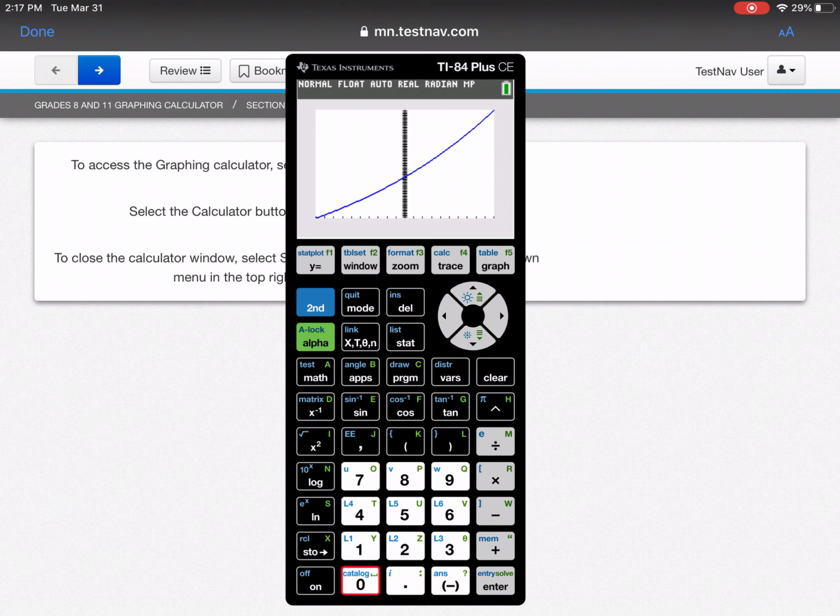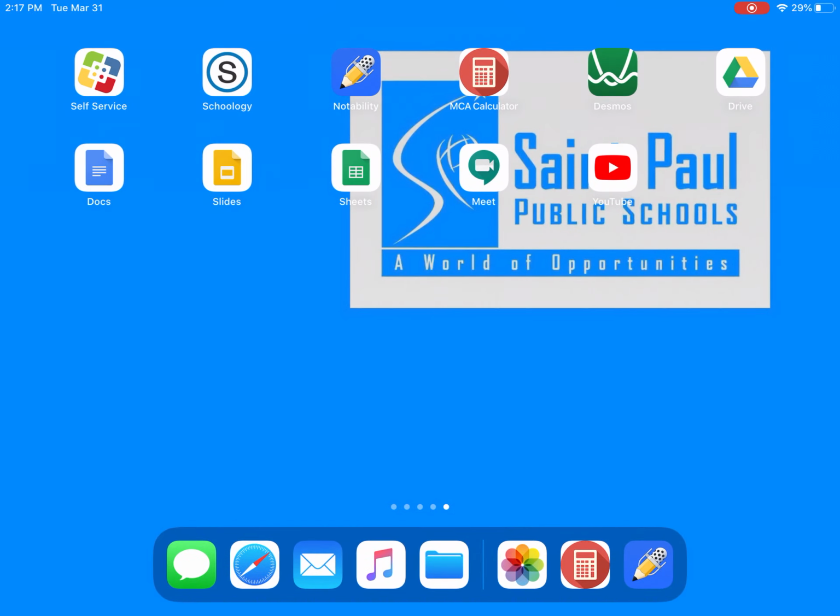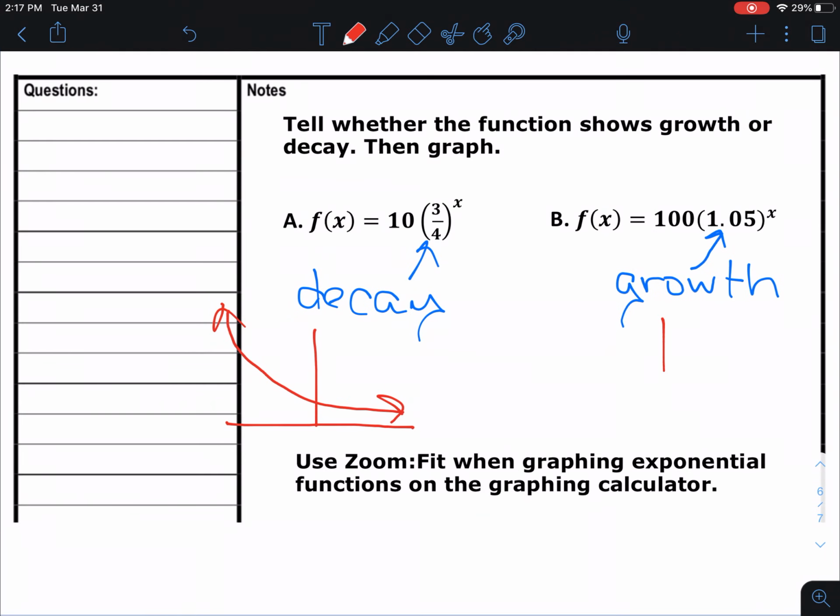And we do here. You can see it looks like it's a slow curve. It's actually going pretty fast, but we're really zoomed in. So that's why. So I want to sketch this. Okay. And that's all you really need to do.